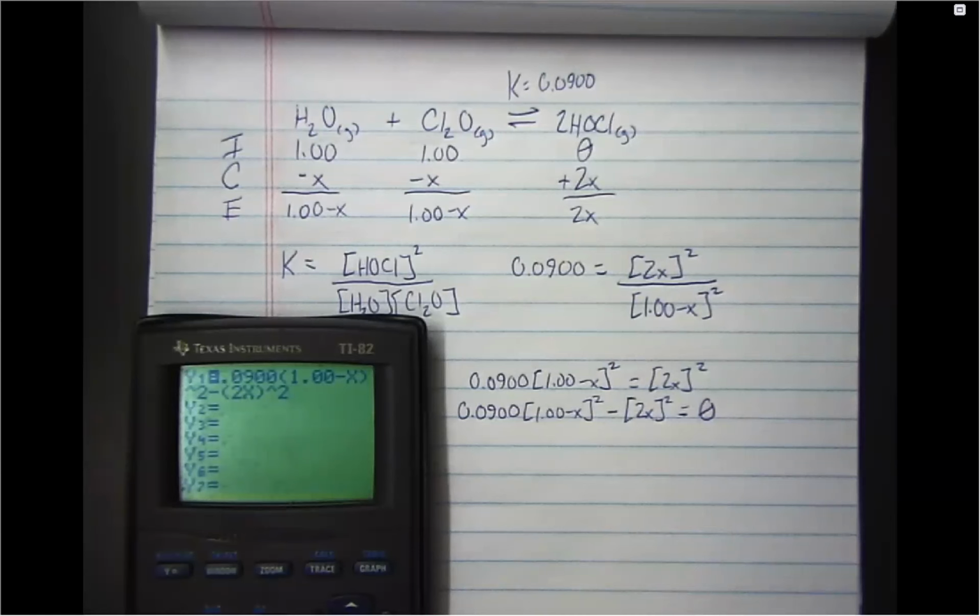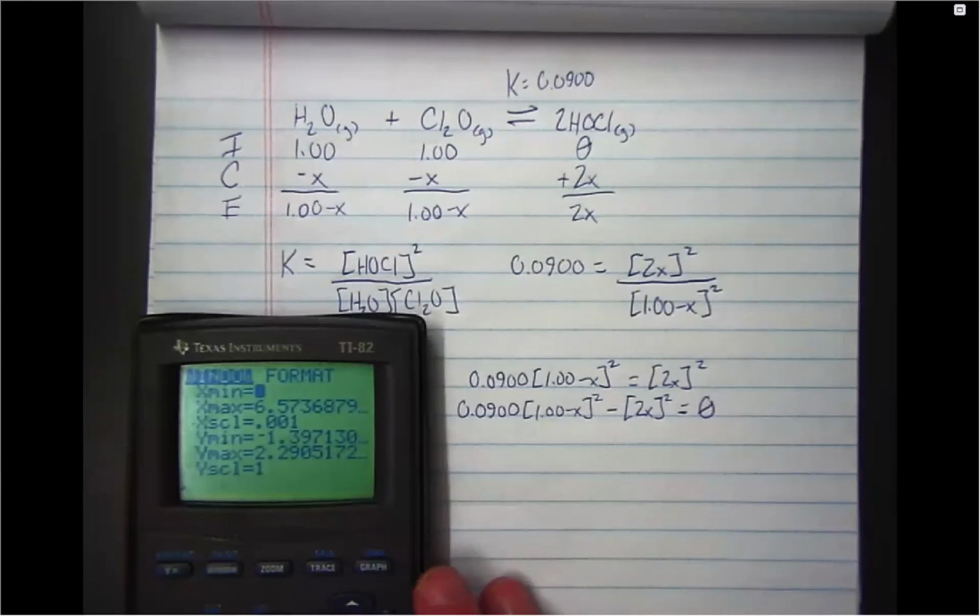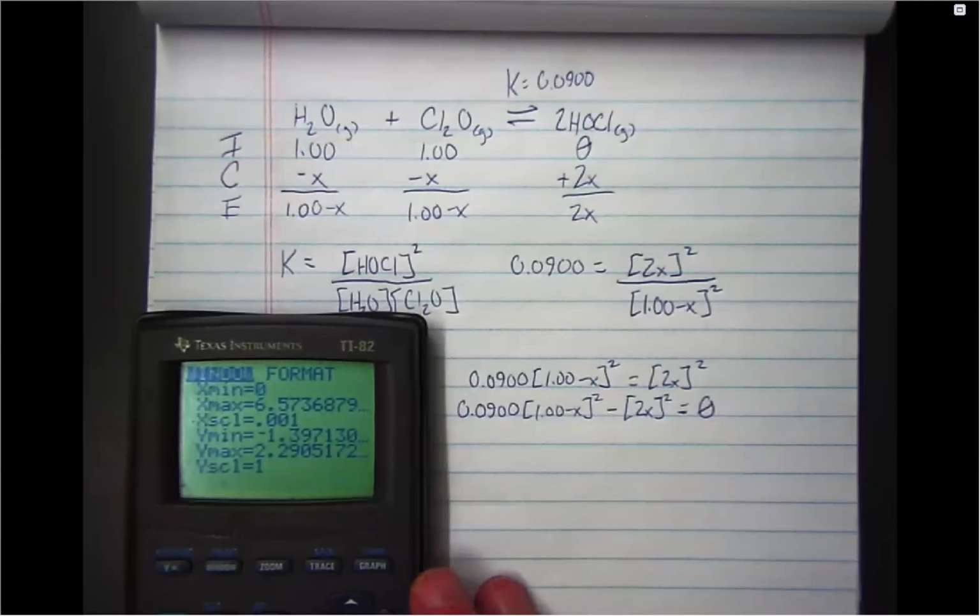So the cool thing is, if we are graphing this and don't like what we see, and I see nothing on the screen right now because we zoomed in too much, what we can do is set our window to what we know the right x window is going to look like. All right, our maximum value of x is probably going to be 1.00.